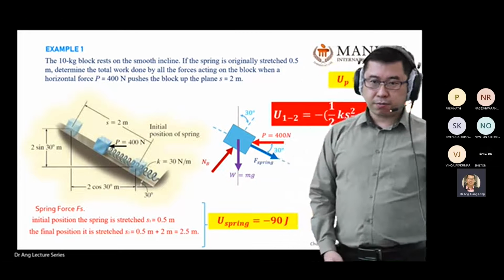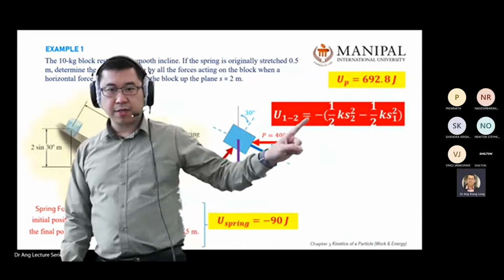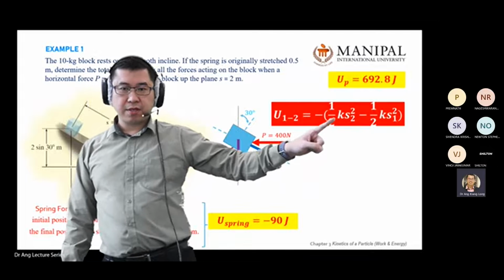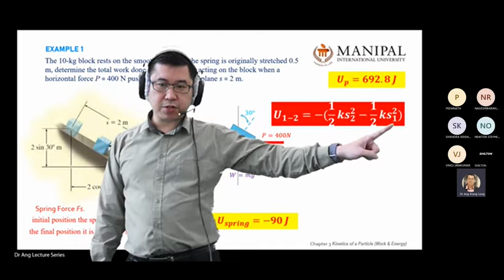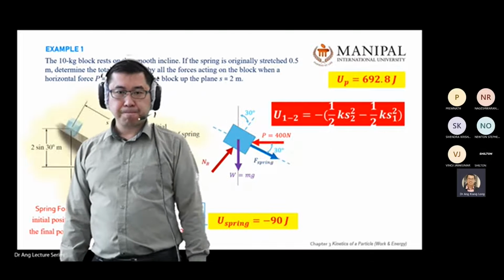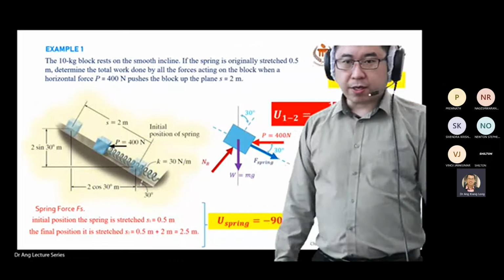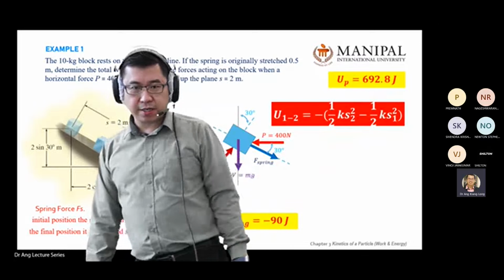Okay, so just now we came up with the spring equation. Work done by the spring, U2 equals negative, the second position minus the first position. Why negative in this work here?